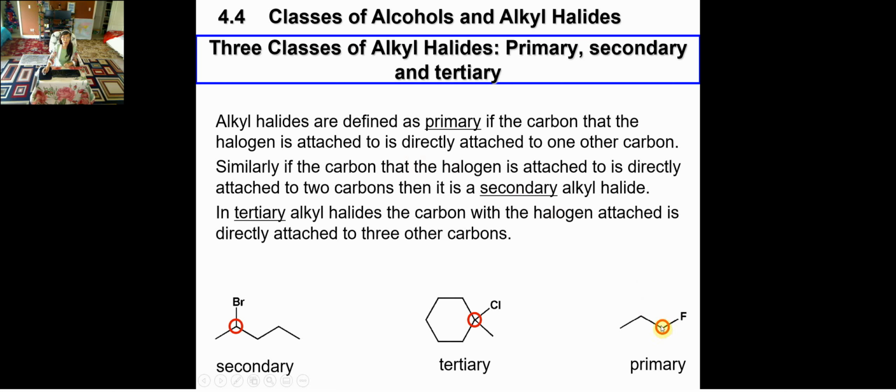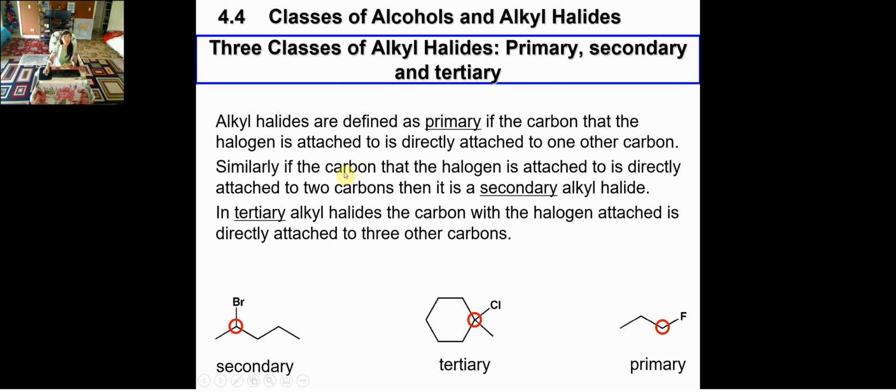For example, I circled this carbon connected to the fluoro; it is only connected to one other carbon. Secondary, I have my secondary alkyl halide, a bromide. So this carbon is connected to two other carbons.